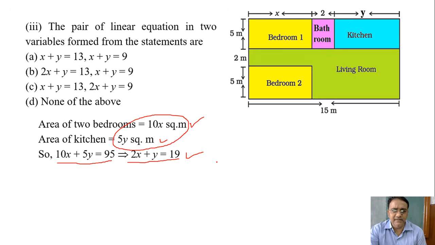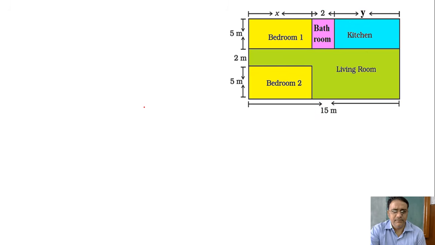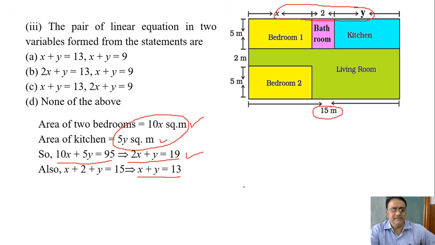And the next one, ध्यान से देखो, x plus 2 plus y is equals to 15. That means x plus y is equals to 13. Right? So which is the correct option?